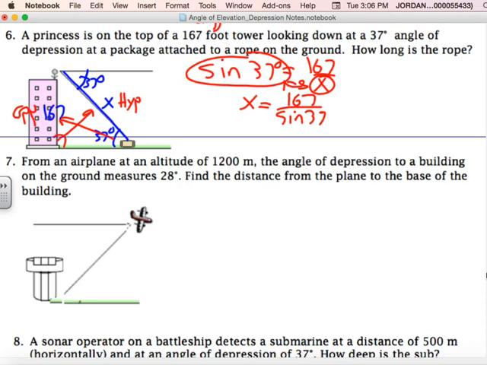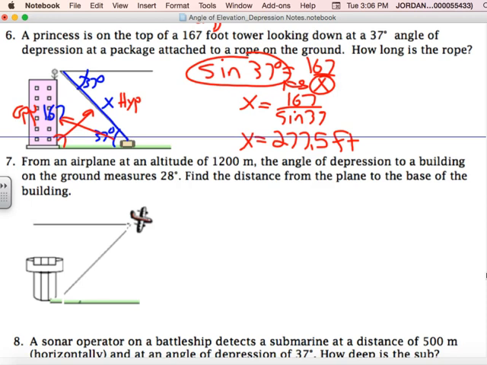And we get 277.49. Or we could say 277.5 feet if we want to round it to the tenths. It just depends. They might tell you to round to the tenths, the whole, the hundredths, whatever. So they didn't say right here, so we're just going to round it to the tenths, 277.5 feet.